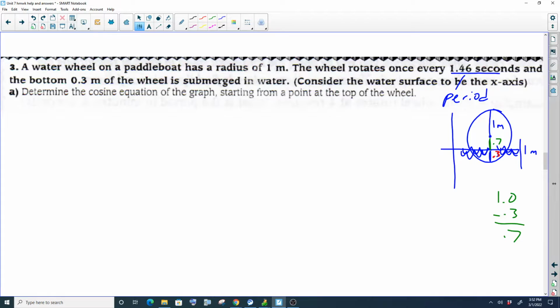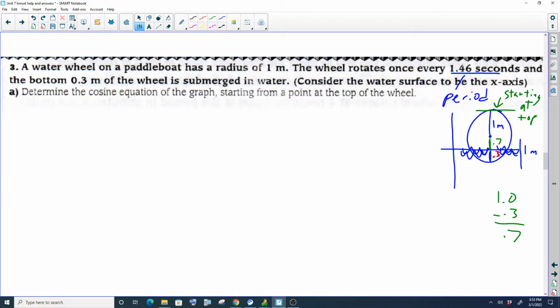So determine the cosine equation of the graph starting from a point at the top of the wheel. So starting at the top of the wheel, it's going to be up here. That's different than a Ferris wheel, isn't it? We're starting at the top, so instead of a negative cosine equation, this is going to be a positive cosine equation.